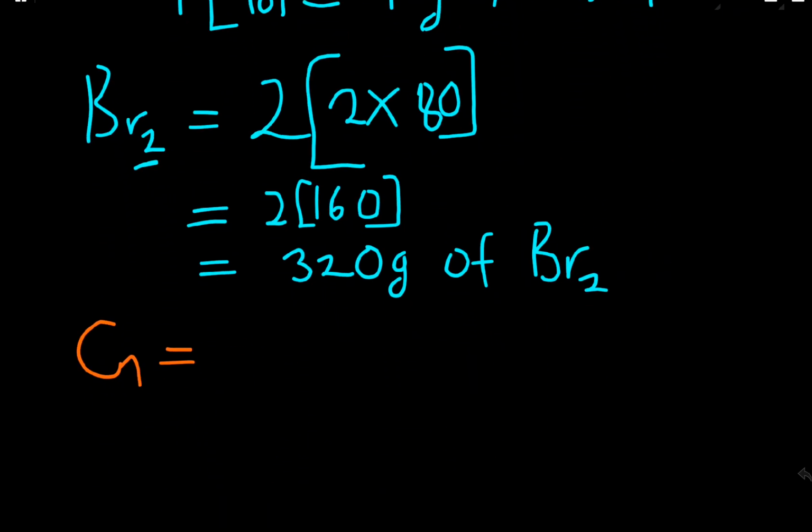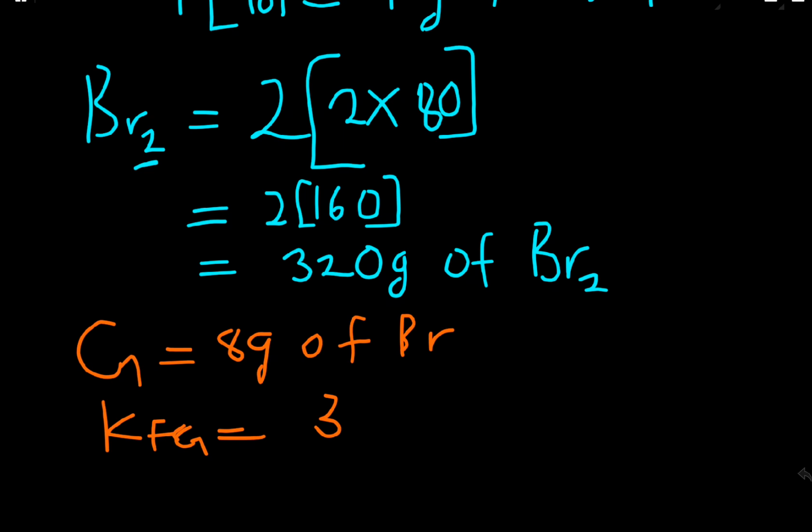What we know from what is given is actually 320, which is the grams of the balanced moles of bromine.